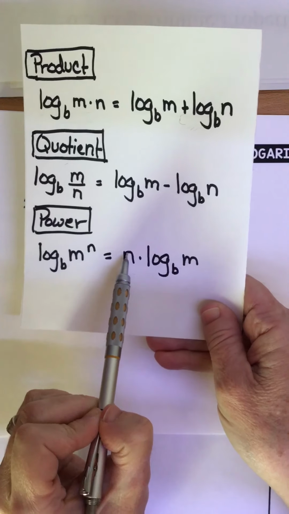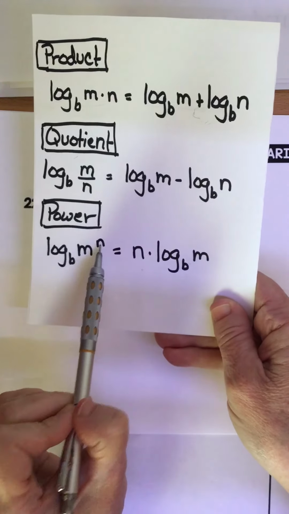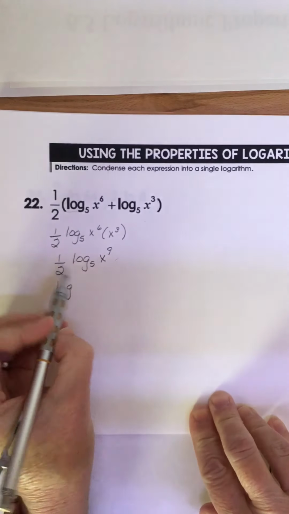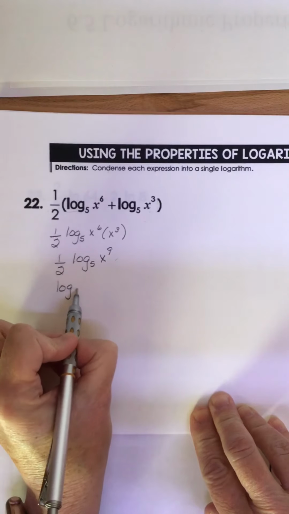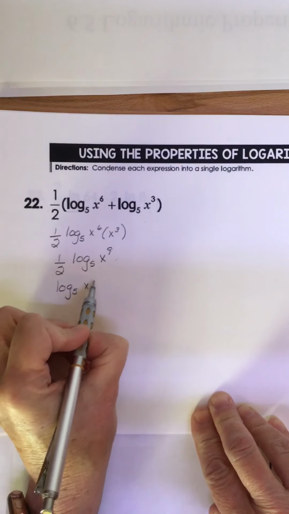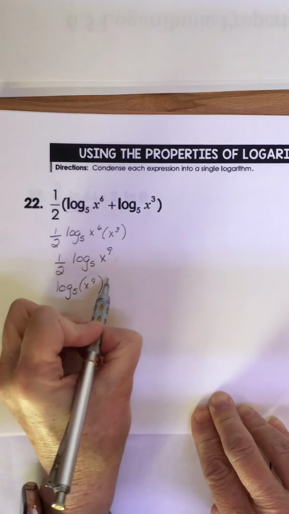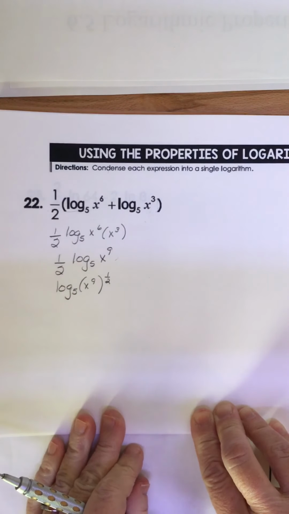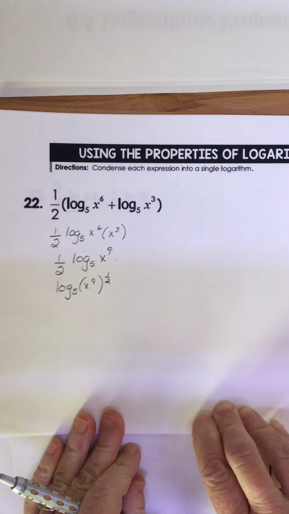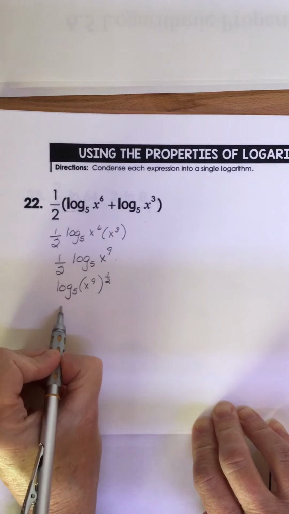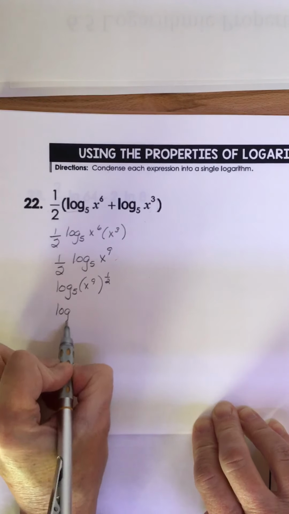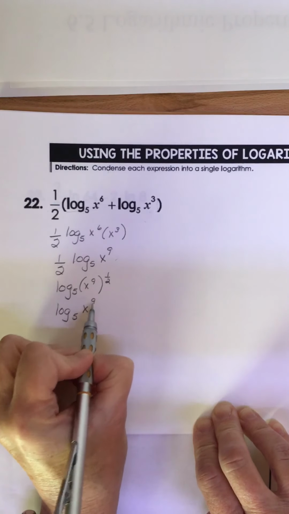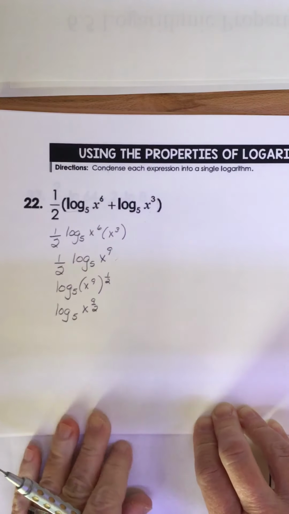In other words, we're taking this and going this way to get it here. So now we have log base 5 of x to the 9th power to the 1/2 power. So now our final answer would be log base 5 of x to the power of 9 over 2.